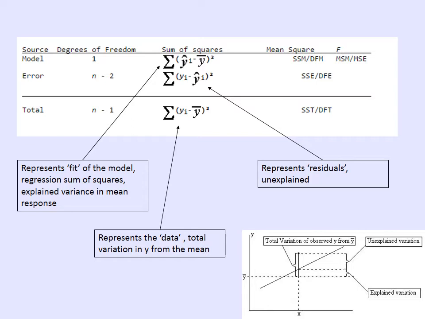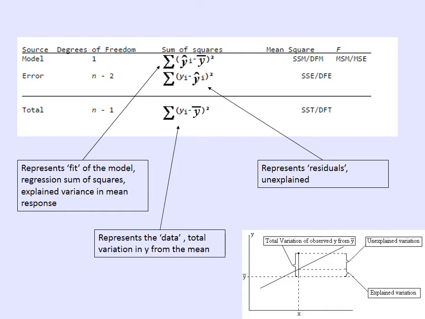It's the predicted value of y at any given value along the line, and its distance to the mean, and that's explained variation. Then we get the mean square, which is the sum of squares divided by the degrees of freedom for that model. That's what M stands for there. And in a simple linear regression, the degrees of freedom here is always 1.